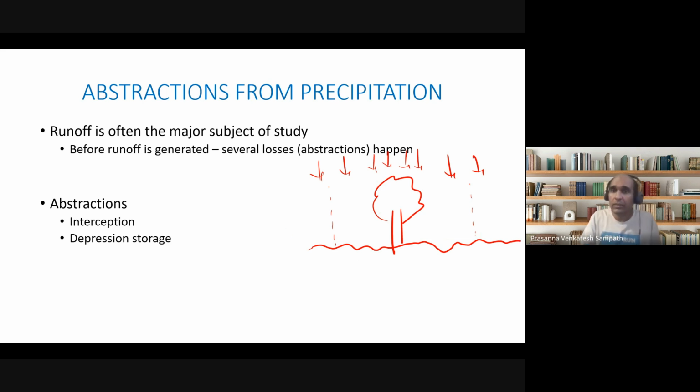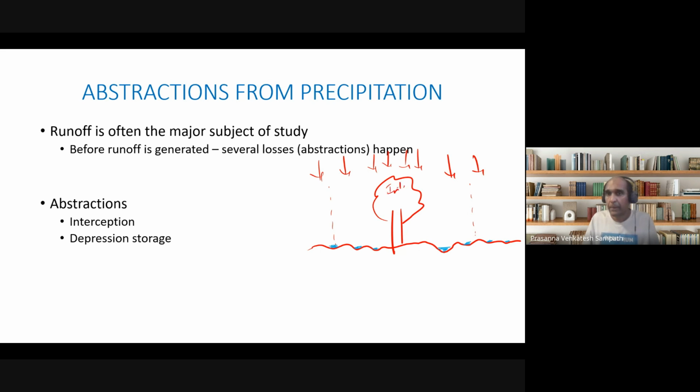So what happens is, when this rainfall falls on the ground, instantaneously these little depressions on the surface of the ground will start getting filled up. Little puddles of water will start forming all over the place. Some of them can be small, some of them will be a little bit bigger, whatever it is, right? So you will have these little puddles of water formed all over the place, and that we refer to as interception, sorry, depression storage.